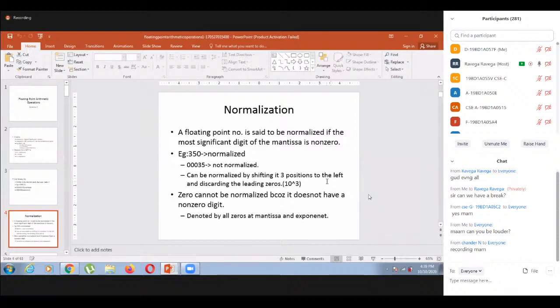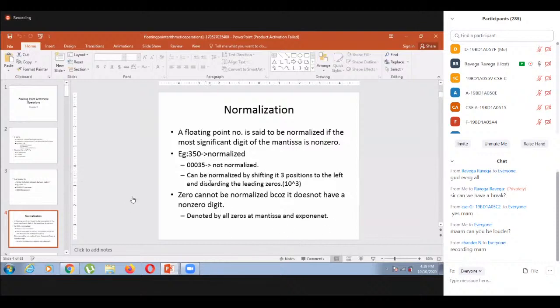Next, one more normalization rule is that zero cannot be normalized. Why? Because the zero number's value is zero, so by using zero you cannot perform any type of arithmetic operations. Only fraction numbers are normalized, by using the shift left and shift right operations.